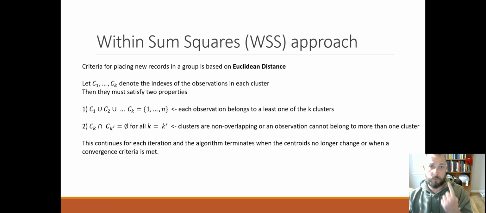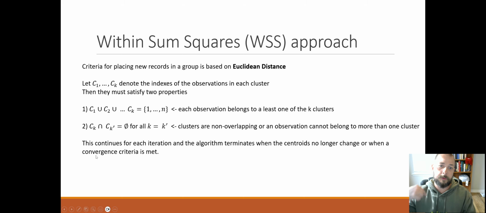It has to belong to one cluster, each observation, each record. And second, the clusters are non-overlapping, so an observation cannot belong to more than one cluster. You can't have one record that exists in two different clusters. It can only belong to one.